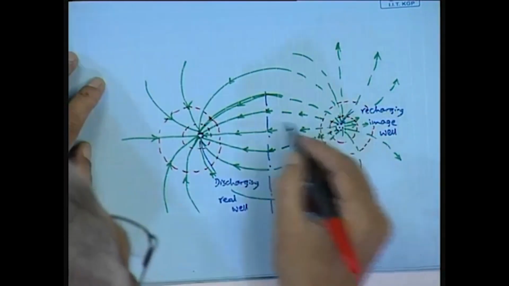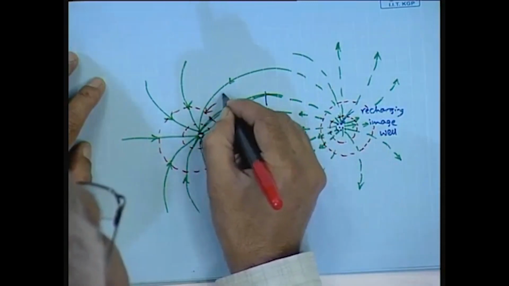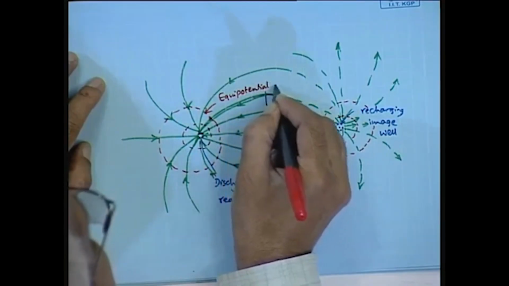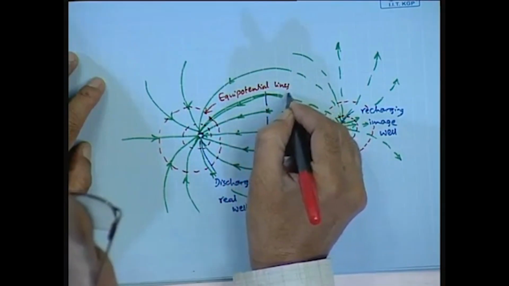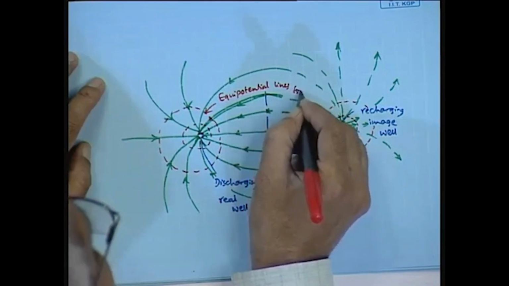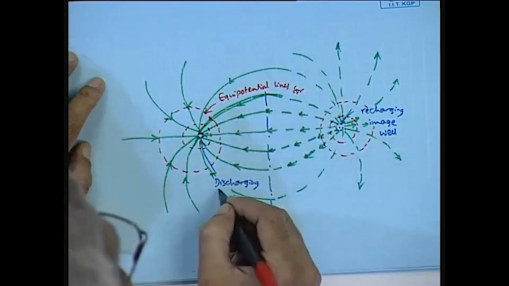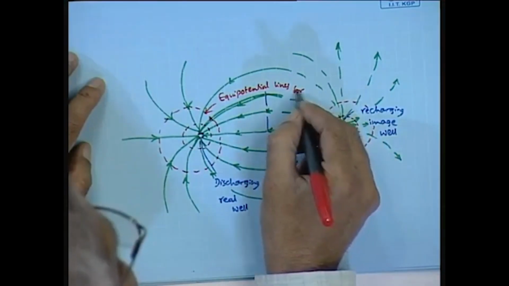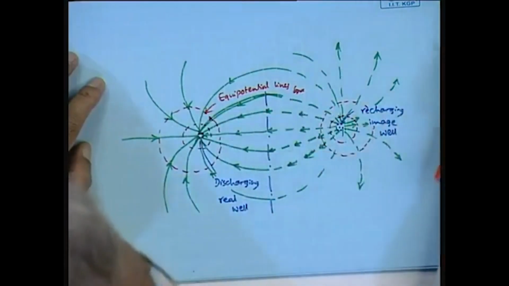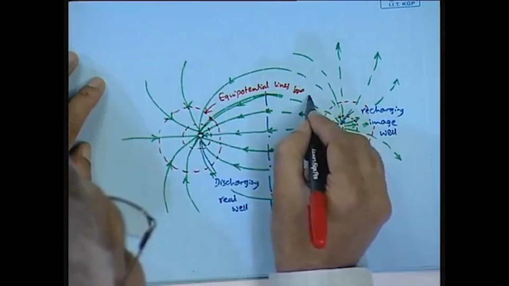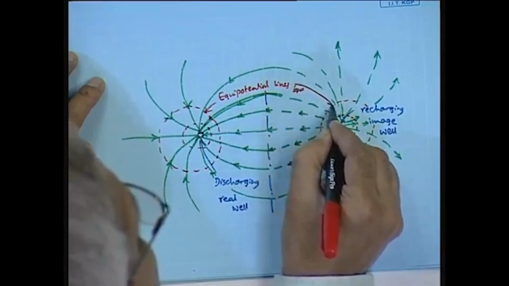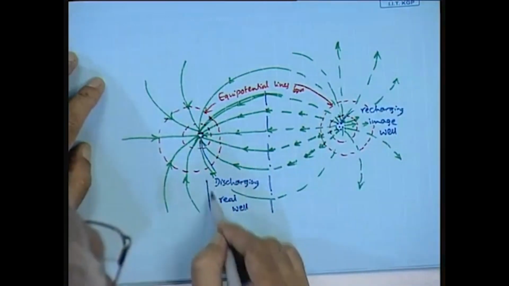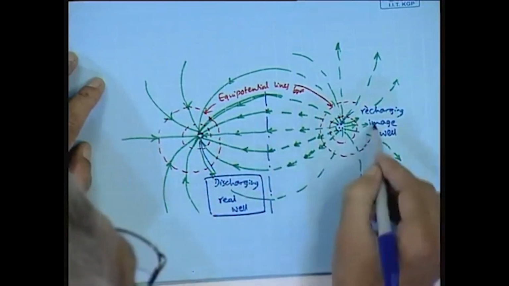These are the equipotential lines for the discharging real well. And this is the equipotential line for the recharging image well. So, like this, this is the flow net.